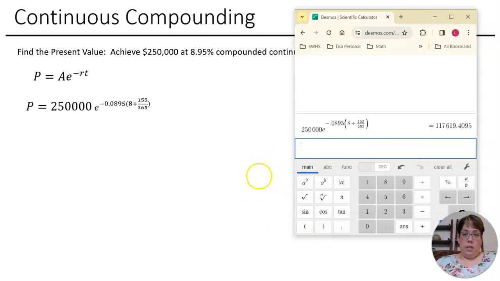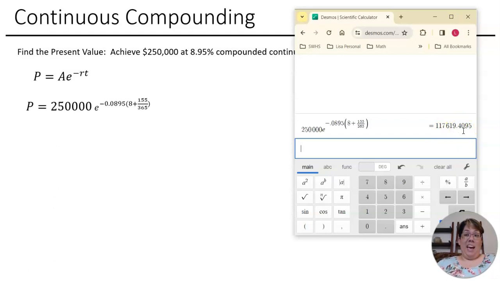So let's double check and make sure we typed everything in correctly. 250,000 e to the negative 0.0895, 8 plus 155 over 365. So it looks like I did everything correctly. 117,619.41.